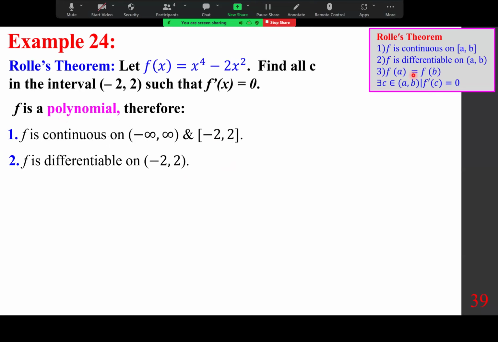So what about f of a and f of b? Let's evaluate them. Here's a, here's b. Let's evaluate f of -2 and f of 2.